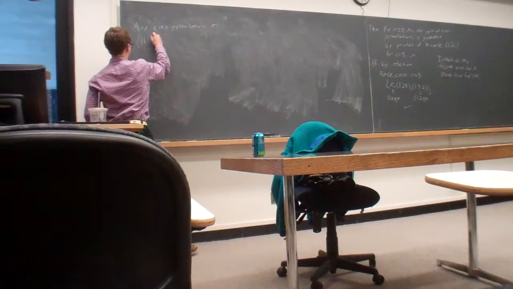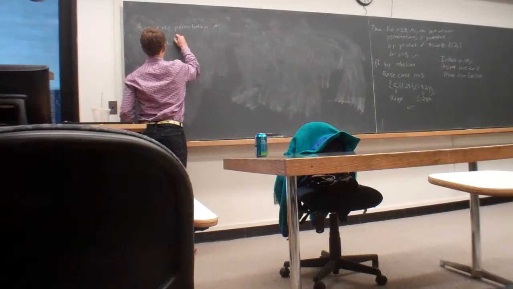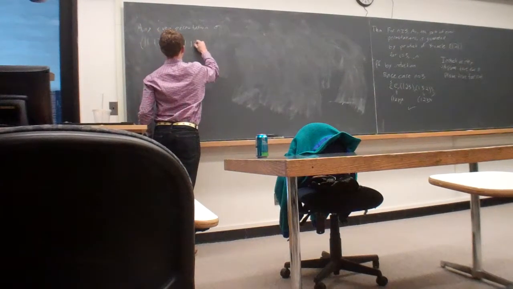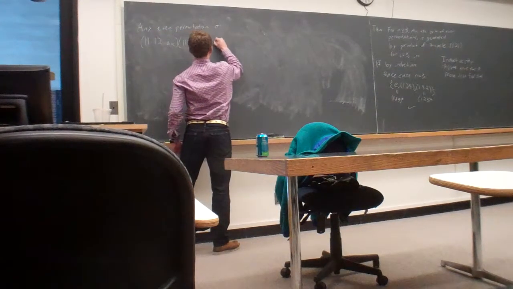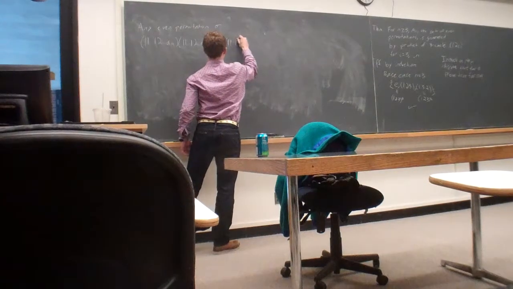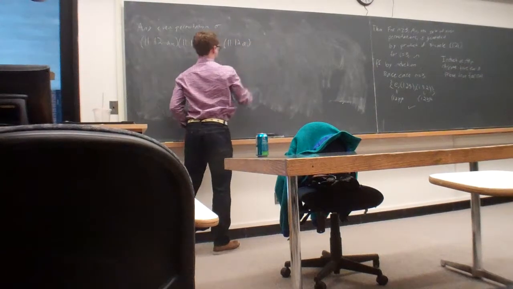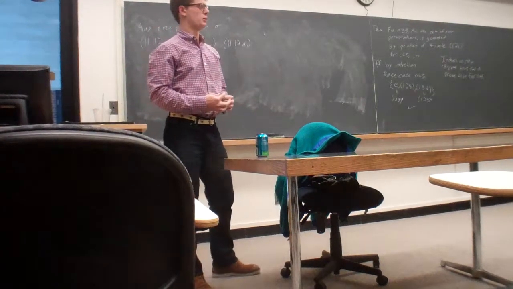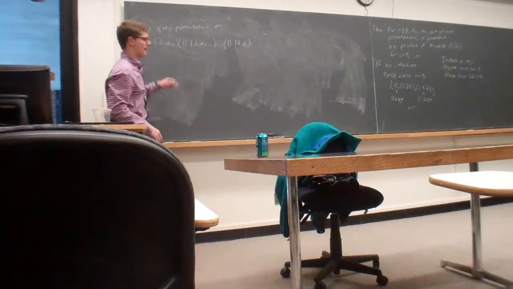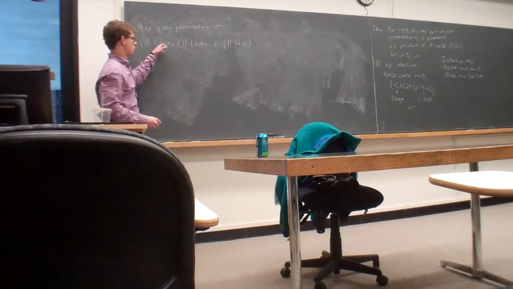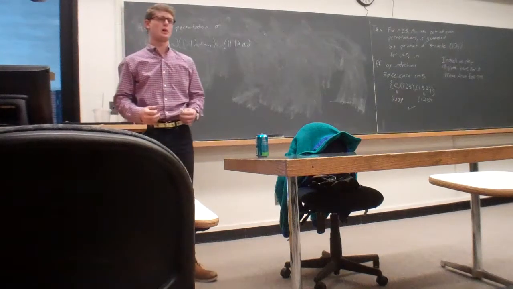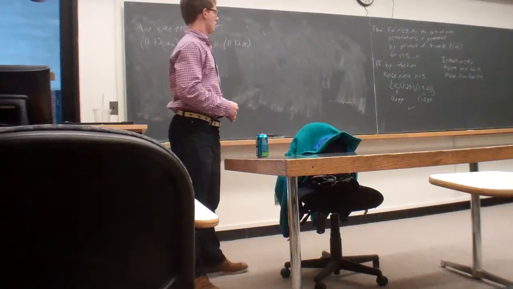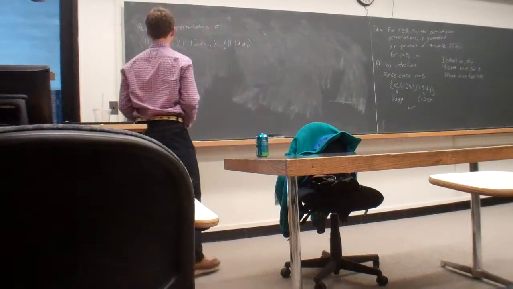We can write it as (11 12 ak)(11 12 ak-1), all the way to (11 12 a1). So that's not the issue. We just proved that we could do this. The problem is that we don't know if, let's say ak is 5, we don't know if the 3 cycle (11 12 5) is physically possible on this board. So I'll prove that it is possible now.